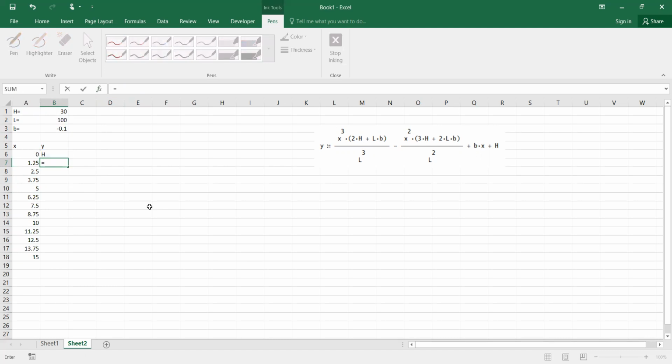The first one is H. Write the equation now. What is the equation?